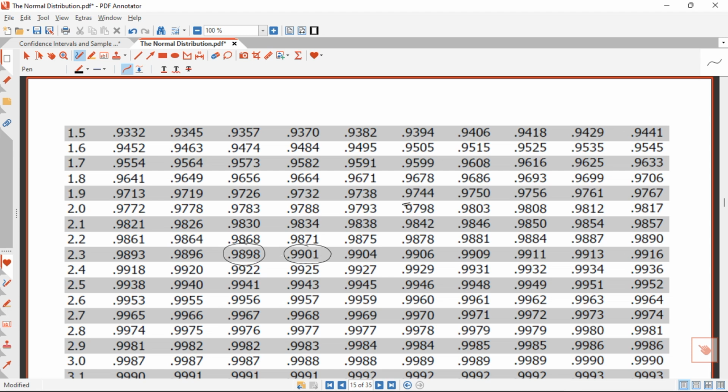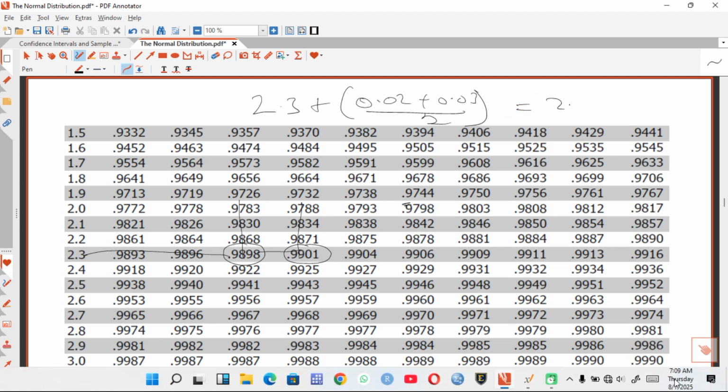So you are just going to trace this to the top and trace it to the row section. You are going to get 2.3 plus 0.02 plus 0.03 divided by 2. Let's go straight to the worksheet to work it out.